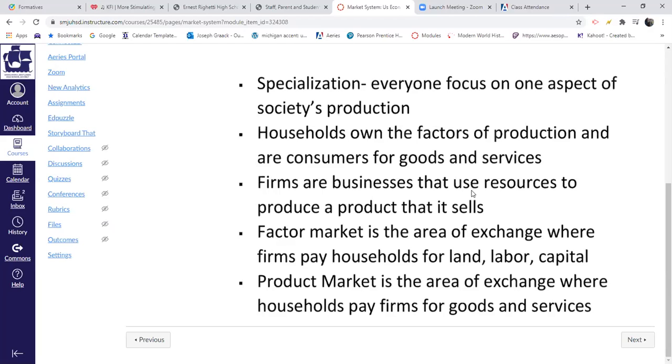When you get that paycheck, you then turn around, deposit that money into a checking account, or cash the check, and you can go to a place like Kohl's, Target, Albertsons, go shopping. You then become part of the product market. You take the money that you made for providing labor, and then you go buy finished goods and services with that money. Are there any questions on that?